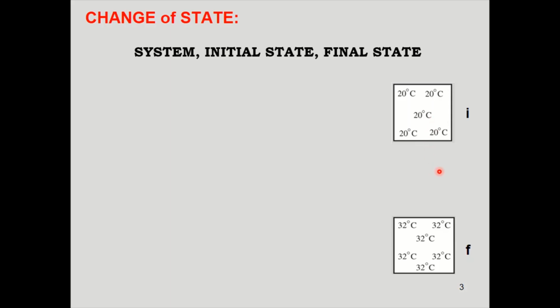We don't know the states in between, because the system was not in equilibrium; change was taking place. But at the initial point, there was no change taking place. At the final point, the temperature is still constant throughout. That is different from this, but it is constant throughout, right? So the initial point and final point are fixed and identified.